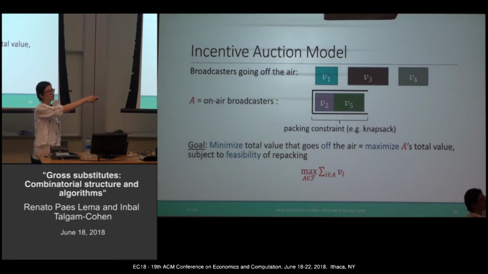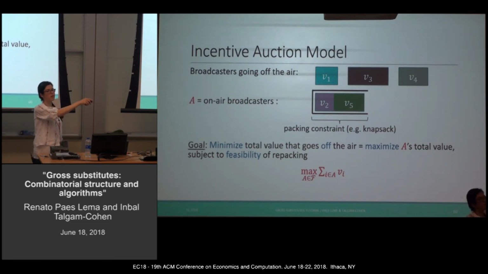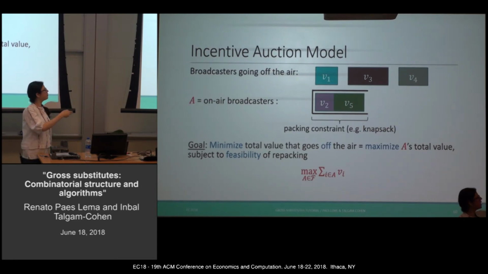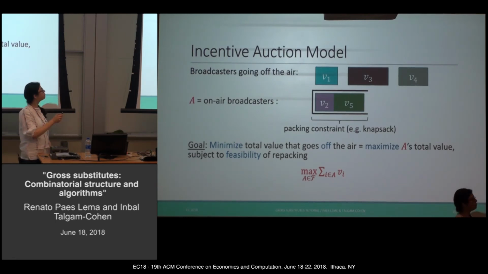Here's a picture. Each one of these squares is a broadcaster, and I wrote down their value for staying on the air. Some of them are going off the air, some are staying on the air, and those are repacked according to some constraint, maybe like a knapsack constraint. Maybe they have to fit into some limited space.